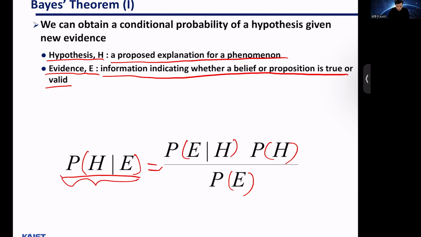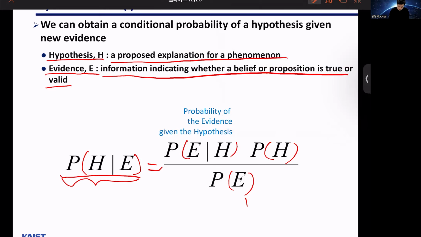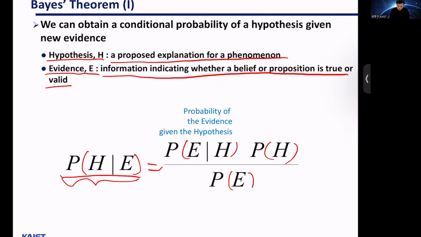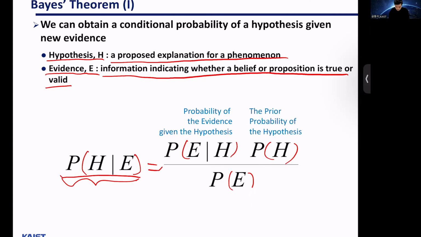What this equation is telling us is we can compute that value using these three terms, which are the probability of evidence given the hypothesis, the prior probability of the hypothesis, and the prior probability of the evidence, okay?